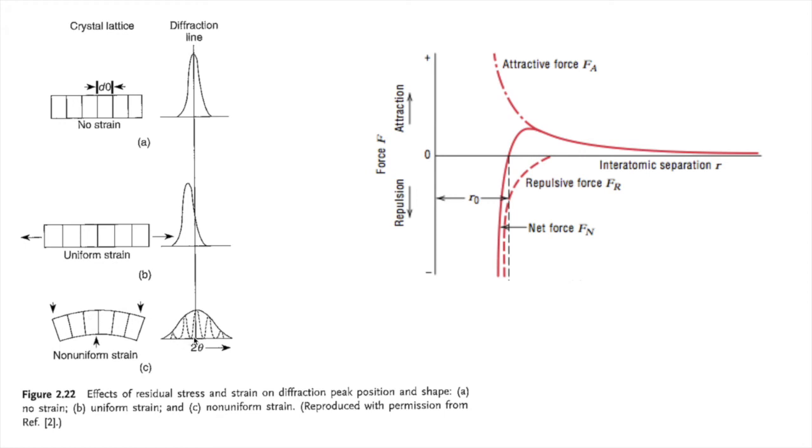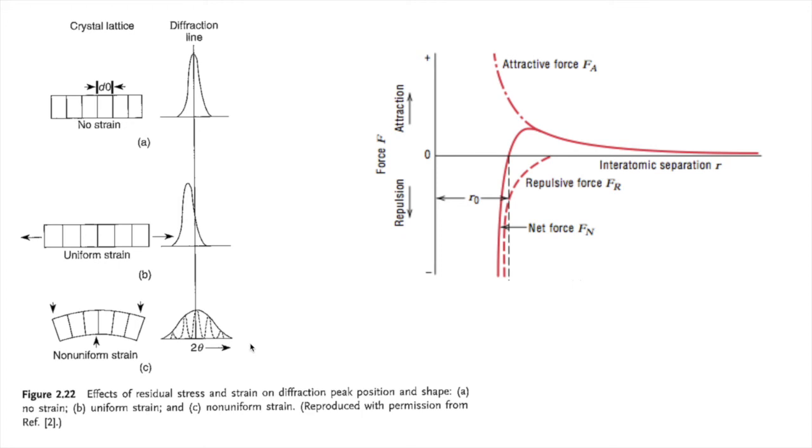So you see here that they're trying to show you that there are all these little peaks, right? Indicating that there are all these different strains present. Tension over here, compression over here. And when you put those all together, what really occurs is one very broad peak, but it really encapsulates a series of smaller peaks at different positions.